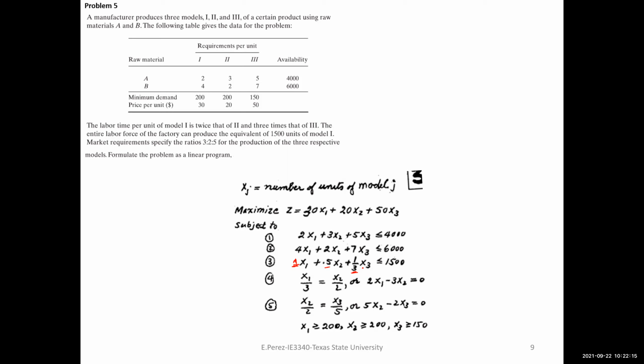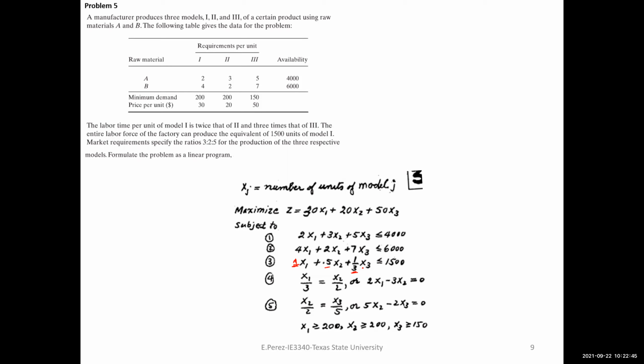The labor time per unit is twice that of 2 and 3 times that of 3. So basically the factory can produce an equivalent of 1,500 units of Model 1. So the total time that you will have available is equivalent to producing this many units of Model 1.